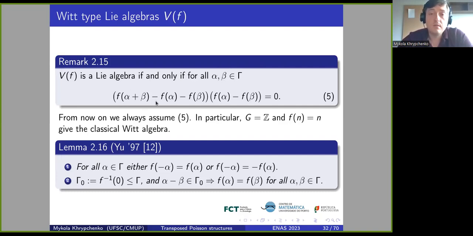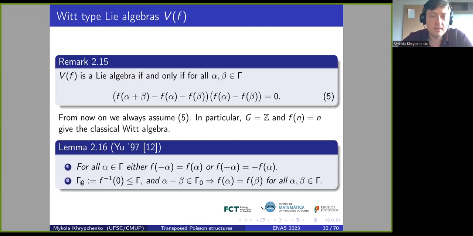We can see that to get the classical case, we just take the abelian group to be the integers, of course, and the map F to be the identity map on the integers. Okay, well, if you consider integers as a subgroup of the complex numbers, so this is a map from G to your field, the field of complex numbers. This F always satisfies the following two conditions.